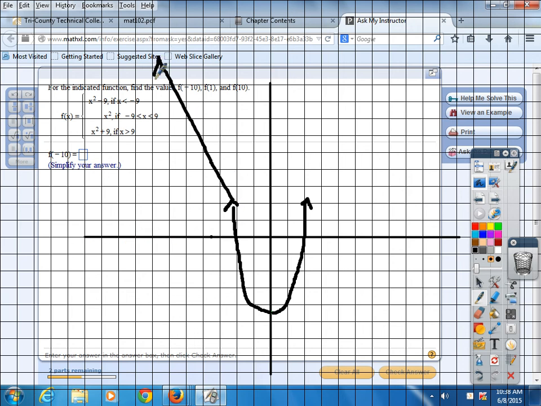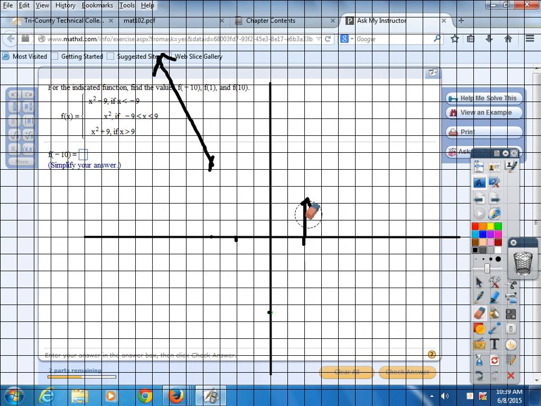So that means that you're talking about just this portion from here over. You're talking about from here to here. So the rest of this function doesn't what? Matter. So now it's important that you understand that.